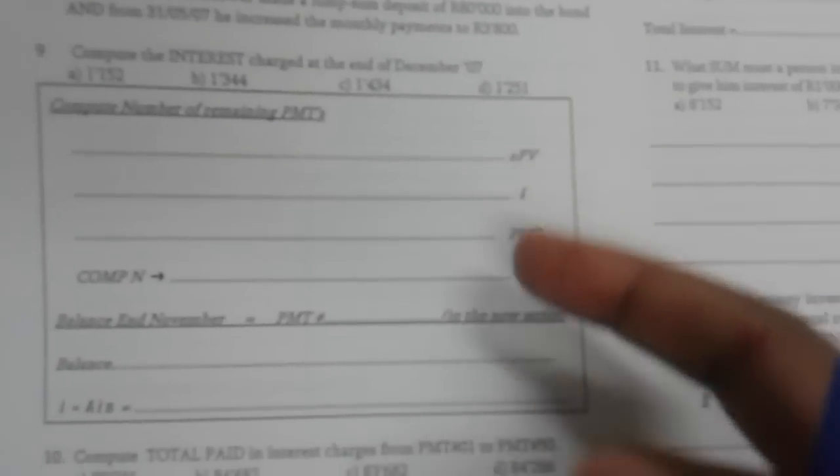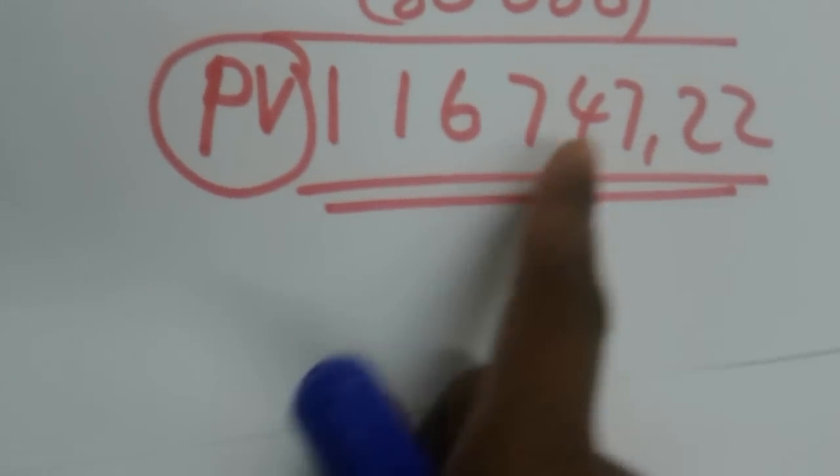Okay, so, but remember when the word balance comes into your mind, you have to think of amount. But you can't use amount if there is nothing. So there they gave you all the hints, but again you need to know. Now you don't need to be told that our new balance on 1 May is now 116,747.22. So that becomes your PV.